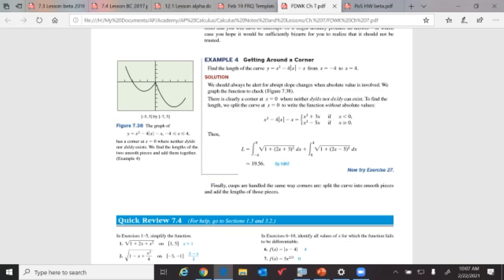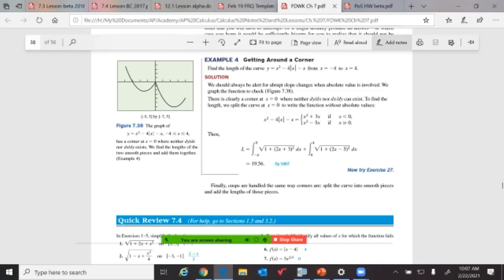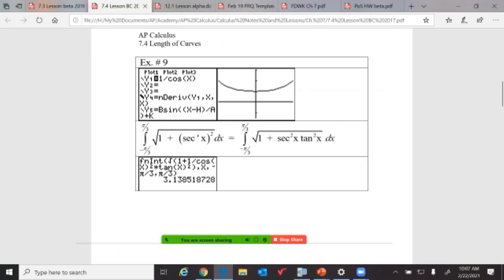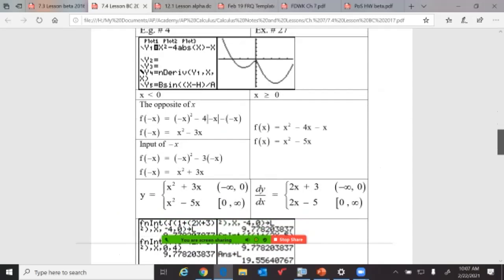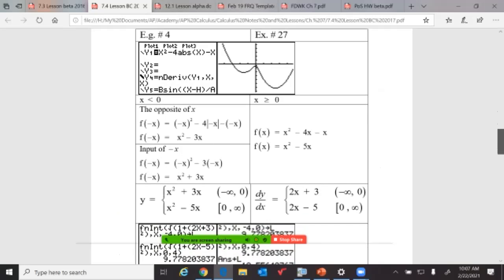Except, this is a little presumptuous the way they wrote it here, because there's a little more work than they're letting on. How did they get these derivatives?